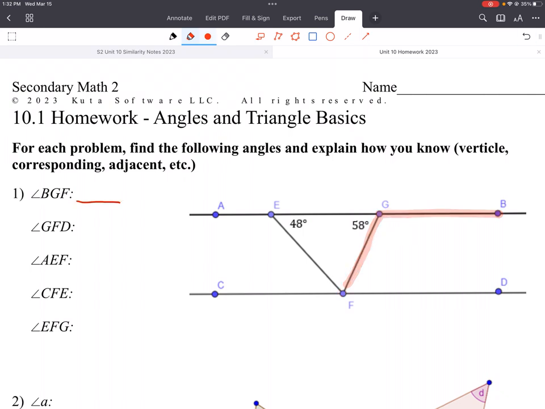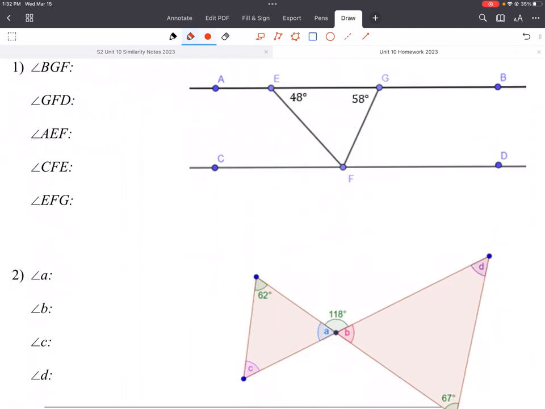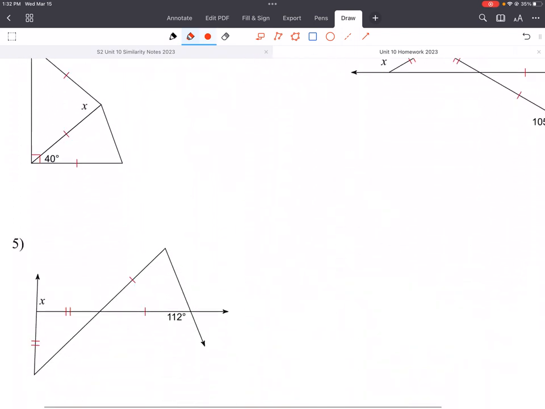Okay? So like the next one, actually let's do the last one. EFG, this is the angle for this example. Okay? All right, and then that's all good.